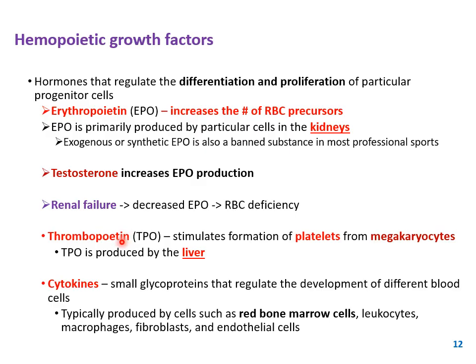So thrombopoietin is a stimulant that is going to cause formation of platelets. And as I had mentioned before, platelets are not really cells; they are cell fragments from this huge cell called a megakaryocyte, which came from the hematopoietic stem cell. This huge cell has blobs, so little parts of the cytoplasm come out of the cell, and those are the platelets.